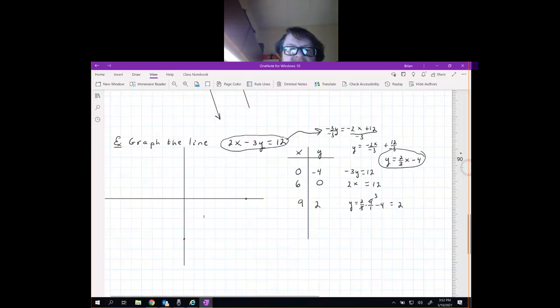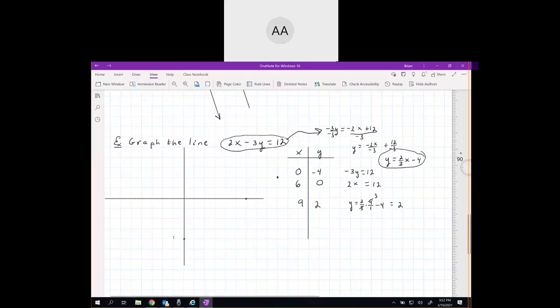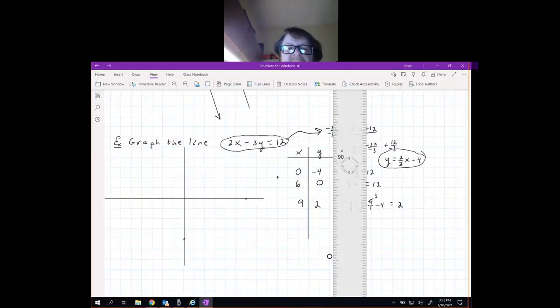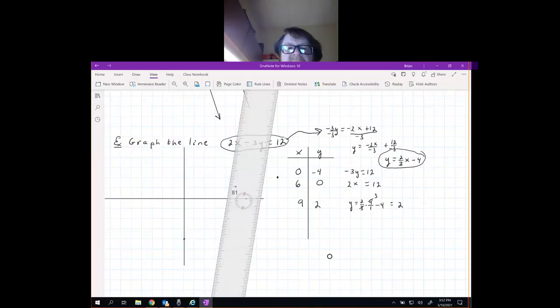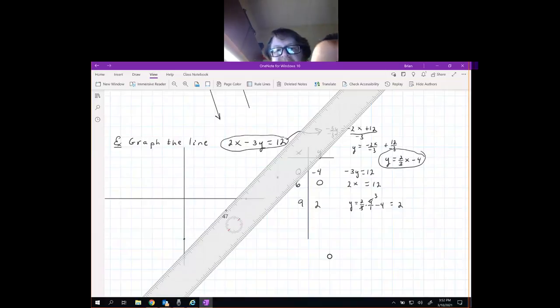Now look at these 3 points. Do they look like they line up? A little bit. Let's use our ruler, even though it's proven to be a pain to me. Let's see if I can get it to line these up.